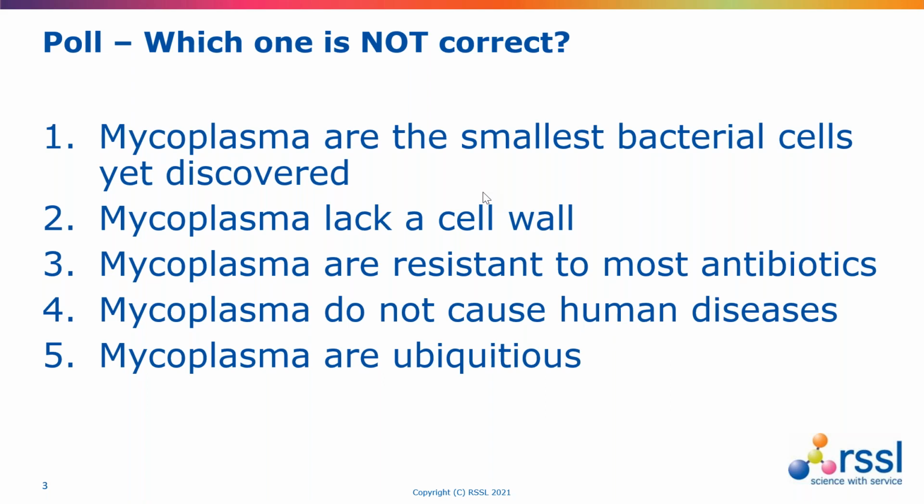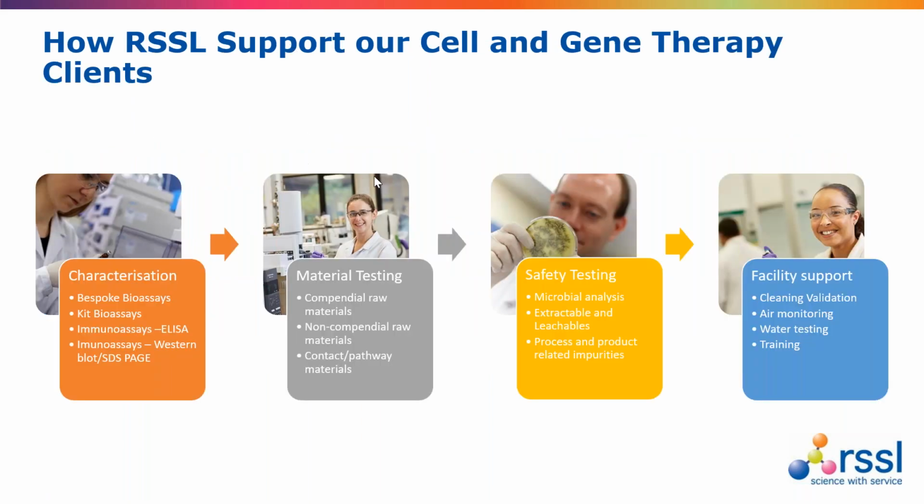The negative are not resistant to most antibiotics. And 8% thought that they were ubiquitous. So the one that's not correct is, of course, they cause human disease, which 35% of you chose. So Mycoplasma pneumoniae is the most common infection that you might come across in human disease, and it leads to some sort of chest cold generally, but in some cases pneumonia can occur. So just a little bit of fun there.